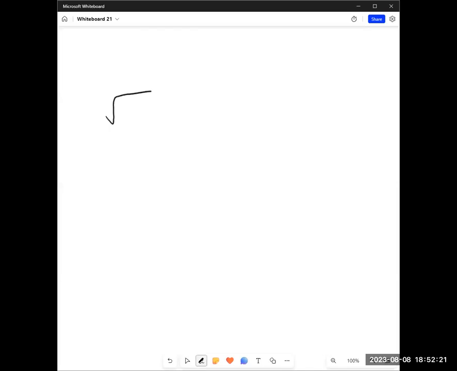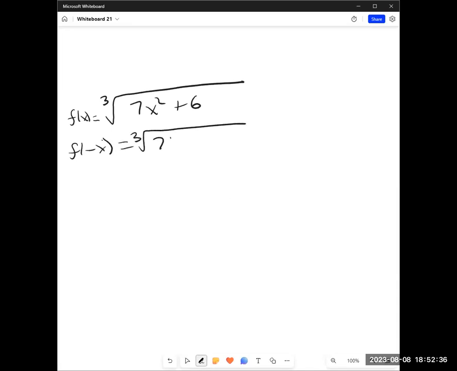Let's try something a little more interesting than that. Let's try a cube root of 7x squared plus 6. Replace x with negative x. We get cube root 7x squared plus 6, which is my original function.